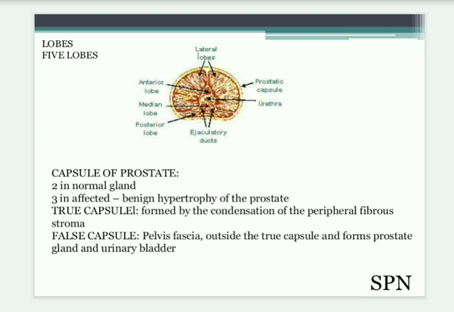The true capsule is formed by condensation of peripheral fibrous stroma and contains fibrous tissue. The false capsule is derived from the pelvic fascia, lies outside the true capsule, and keeps the prostate gland and urinary bladder in the same compartment.